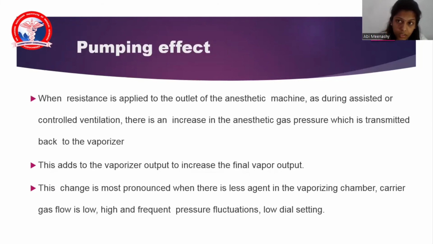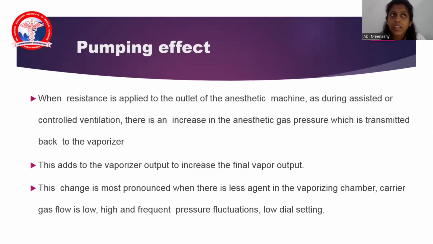We don't want anything going back to the vaporizer. This will add to the vaporizer output and increase the final vaporizer output. This change is pronounced when there is already less agent in the vaporizing chamber, the carrier gas is low, there is high and frequent pressure fluctuation, and a low dial setting.